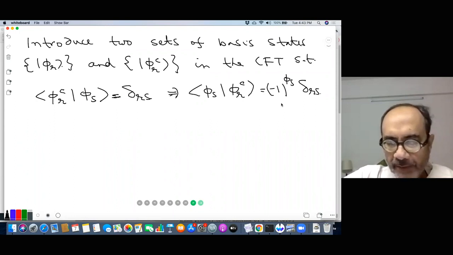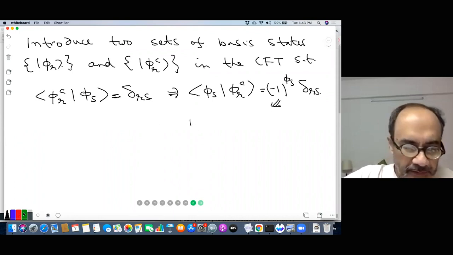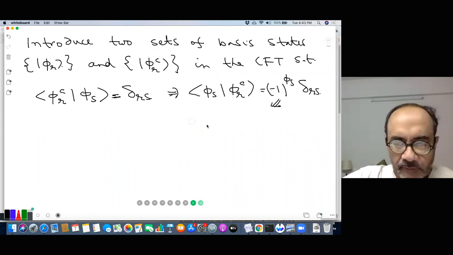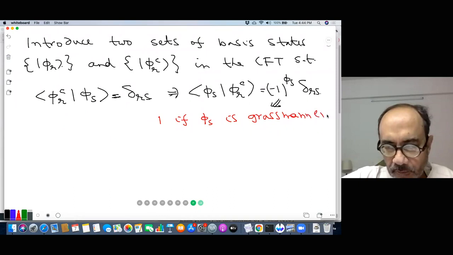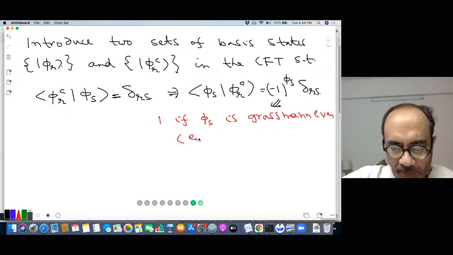Okay. So what is minus 1 to the phi s? This one is 1 if phi s is Grassmann even. That means it has even ghost number, because the Grassmann odd nature comes only from the ghosts.